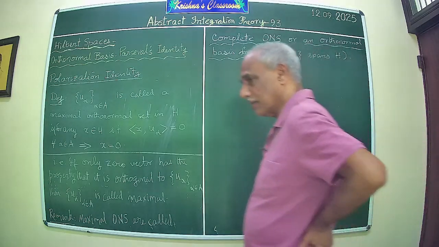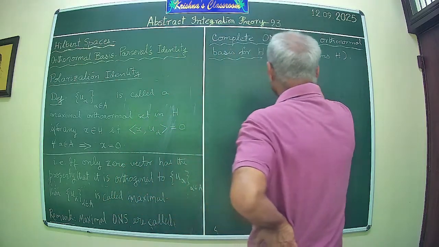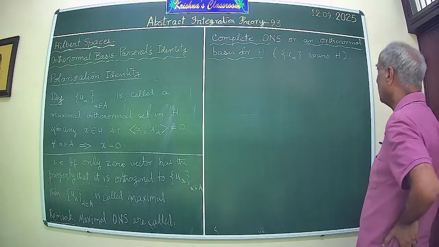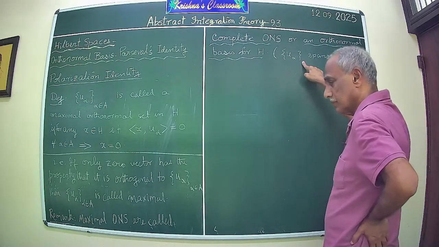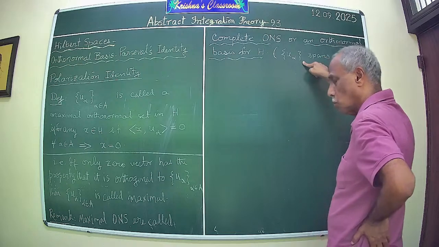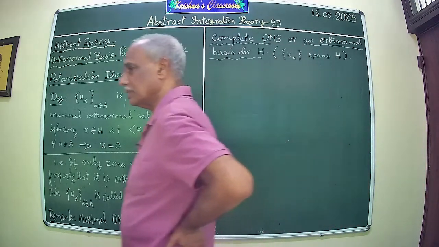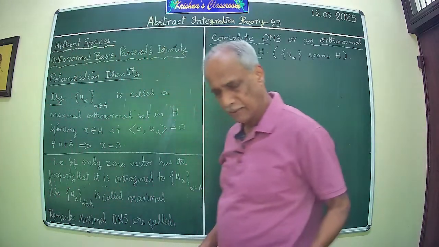Okay. Or in other words, you can reach the whole space from this orthonormal collection by taking finite linear combinations and through a limiting process. That is the meaning of it. Okay.